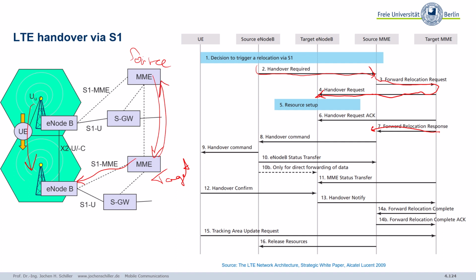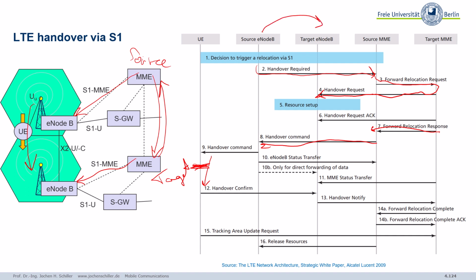And then the MME will finally tell the source eNodeB, now we can perform the handover. The source eNodeB informs the user equipment with the handover command. Now we do the handover. And you see, this then is a hard handover. Here we perform a hard handover from the source to the target eNodeB.